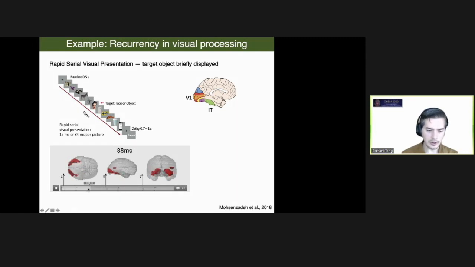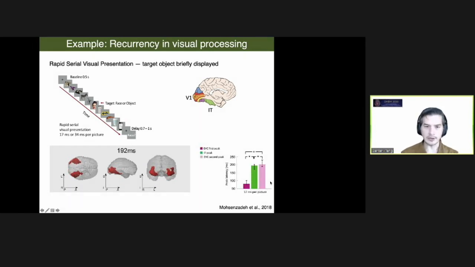So you're not just seeing a normal feed-forward sweep. Here, the authors truncated the feed-forward sweep so that they could reveal, unmask some feedback from higher level to low level regions. And so that gives you a way to watch recurrency in action, by using both the temporal and spatial resolution of these combined methods, right?